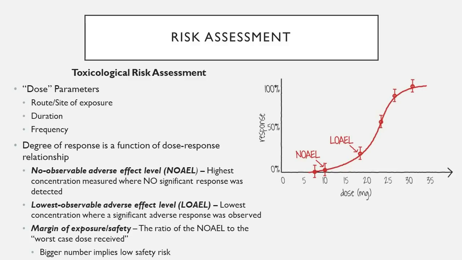And then we have the margin of safety or exposure, which is the ratio of the no observable adverse effect level to the quote-unquote worst case dose received. So the largest material, perhaps for the largest patient with the most surface area, whatever device configuration can give the possible highest dose for that particular device. In this case, the bigger the margin of safety, the lower the safety risks. So we want a large number for that.